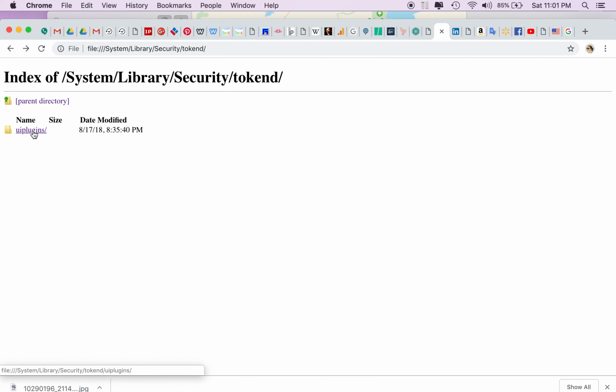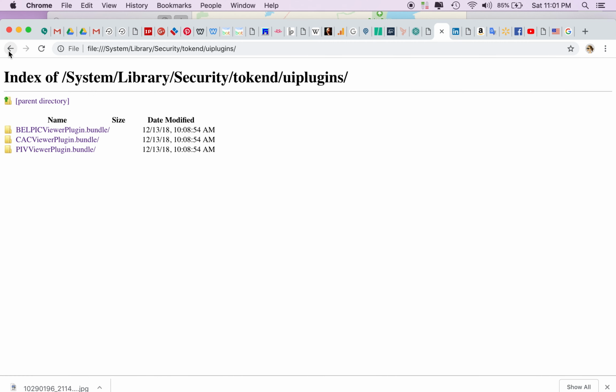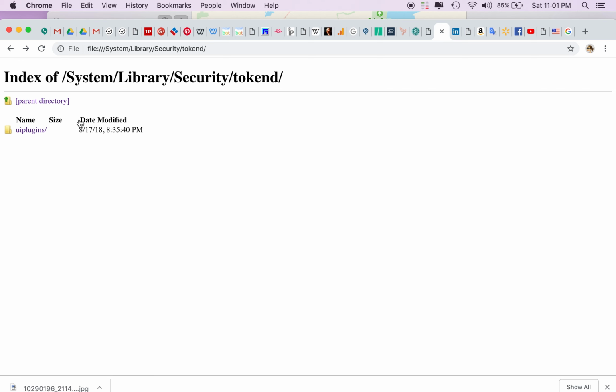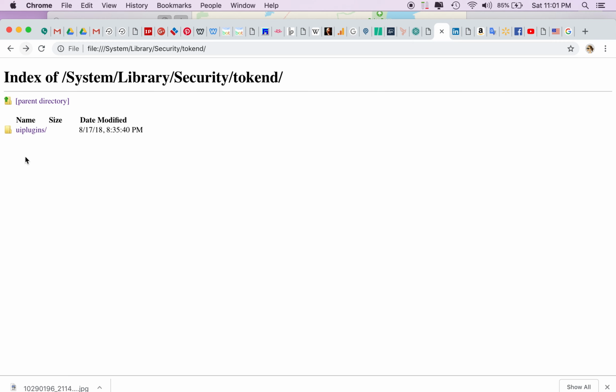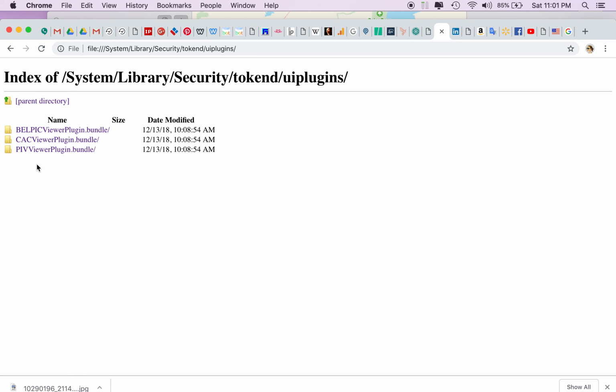Okay, I looked up UI plugins. And what's interesting too is I had a friend around the same time that found this kind of stuff on his computer. I talked to him on a regular basis. I didn't think to look in mine, but it was around this time in August. And it was done by someone who was probably jealous that I was talking to him every day. So, yeah, let's see. Okay, so right here.